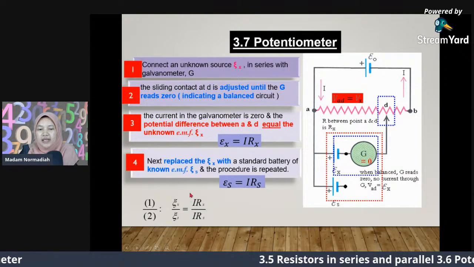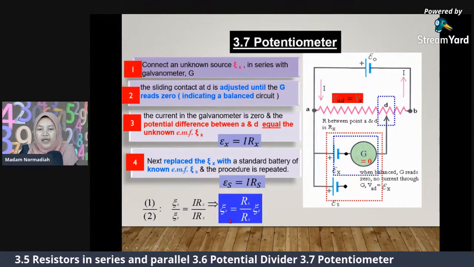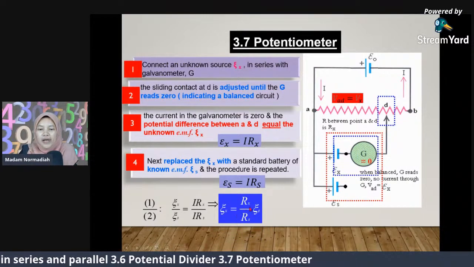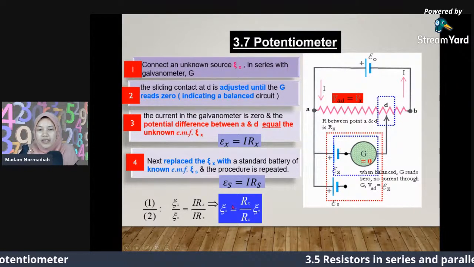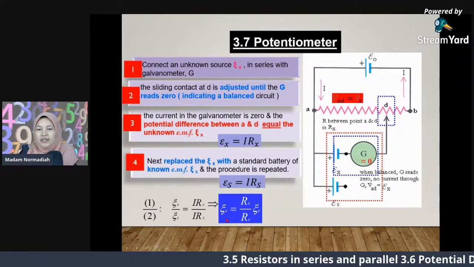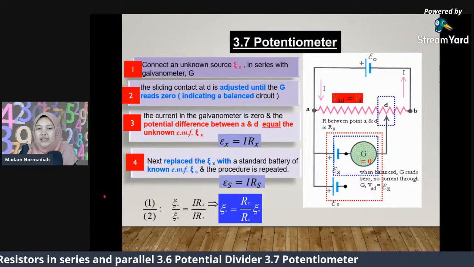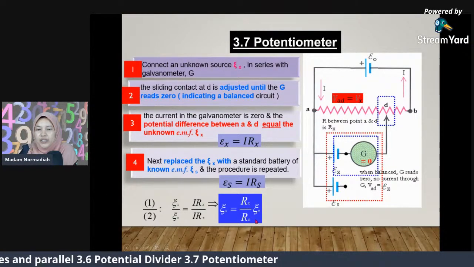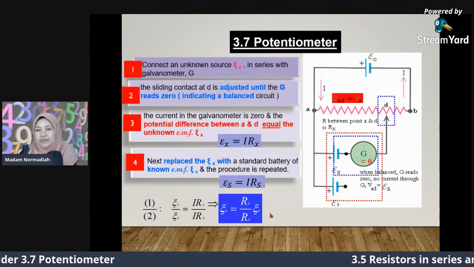So we can cancel the current and we get EMF X equals Rx over Rs times EMF S. Okay, again, EMF X is the unknown EMF. Rx is the resistance at point AD. Rs is the resistance for the new section and EMF S is the known EMF.